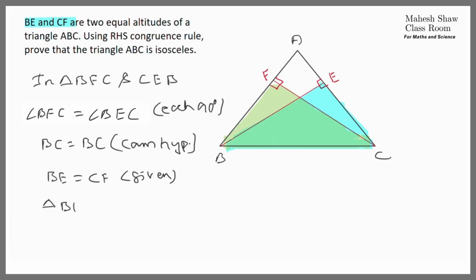So we'll write triangle BFC congruent to CEB. Now once we have proved the two triangles congruent, we can write angle B equals angle C. That's by corresponding parts of congruent triangles. So we'll write angle B equals angle C by CPCT.